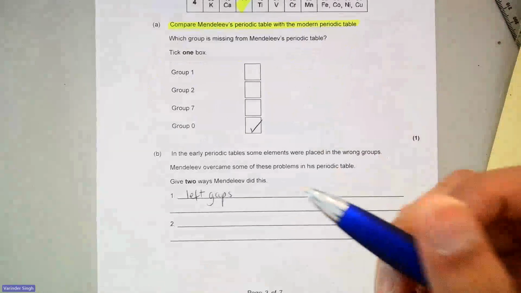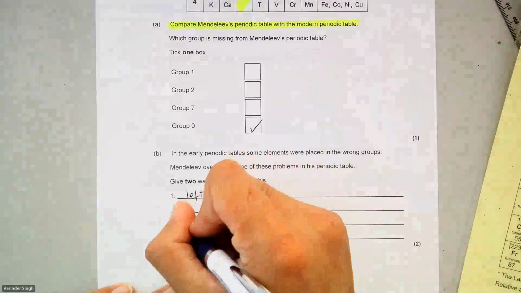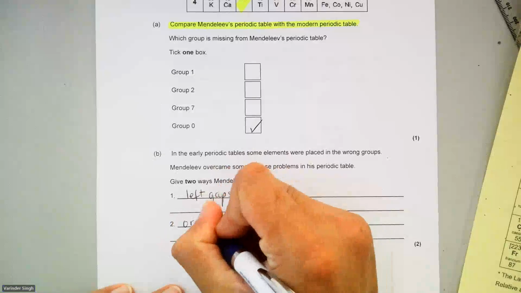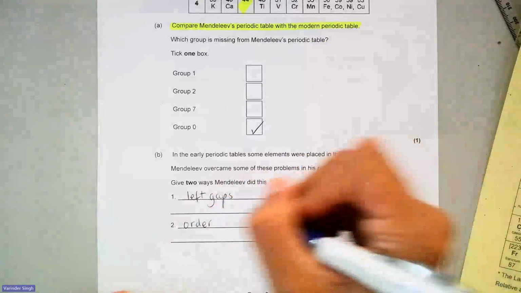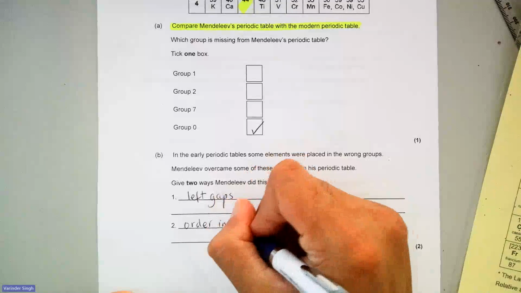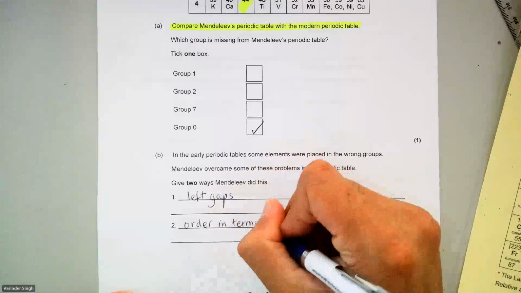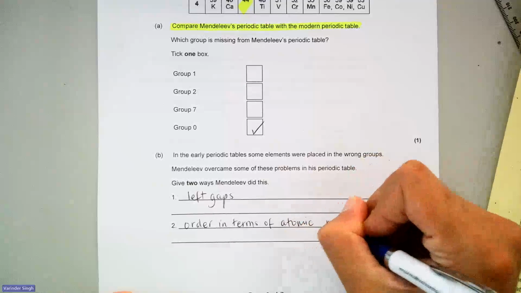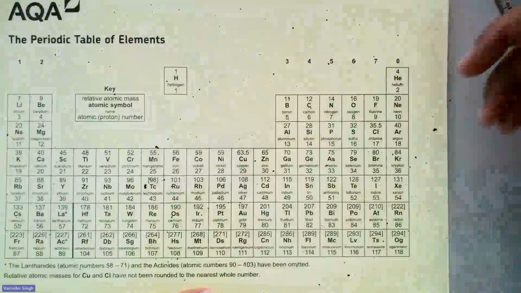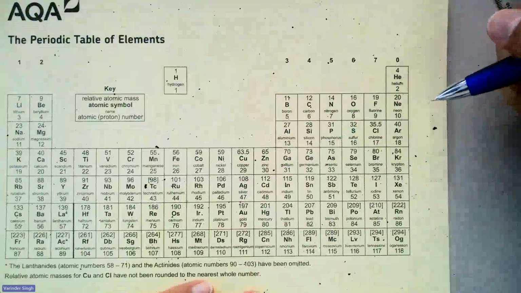So that was Mendeleev's second really important idea, to put the order according to the atomic masses. So order in terms of atomic mass.